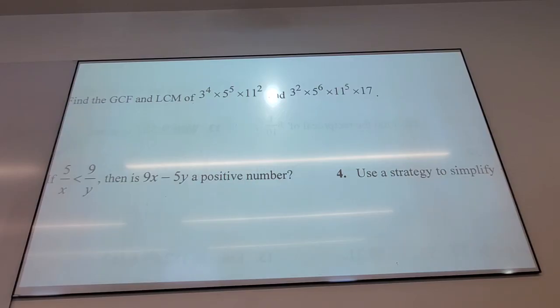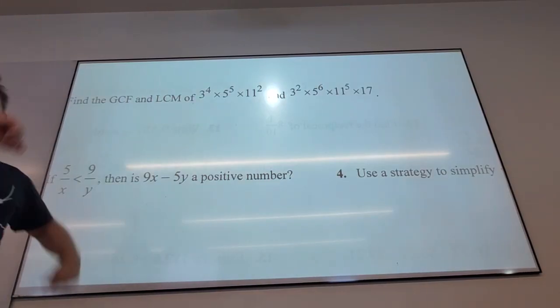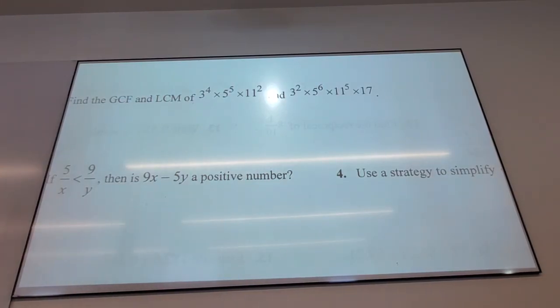The other number has 6, but they both have five 5s. How many 3s do they both have? 2. So isn't that the biggest number of 3s that go into both of them? Isn't 5 the biggest number of 5s that go into both of them? Yes. All right, how many 11s do they share? 2. How many 17s do they share? None. All right, so what's the GCF?